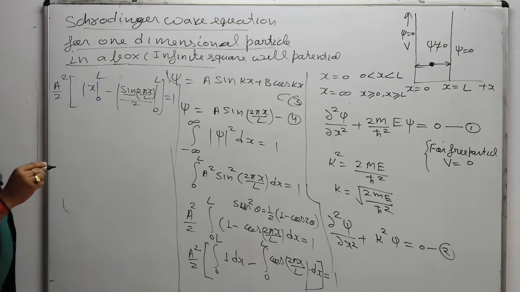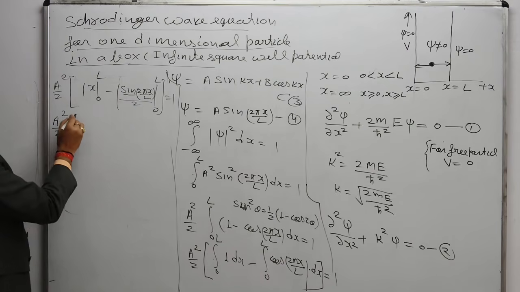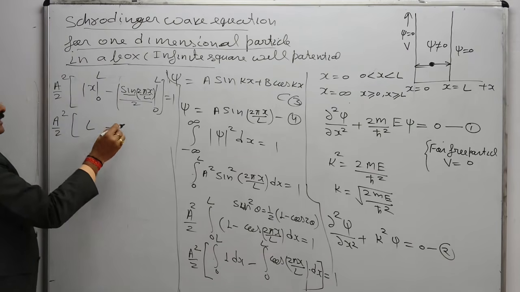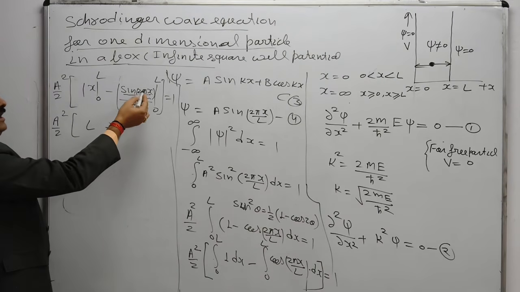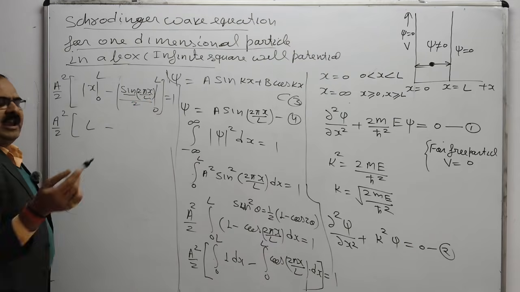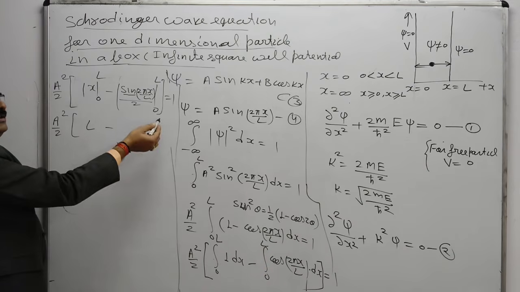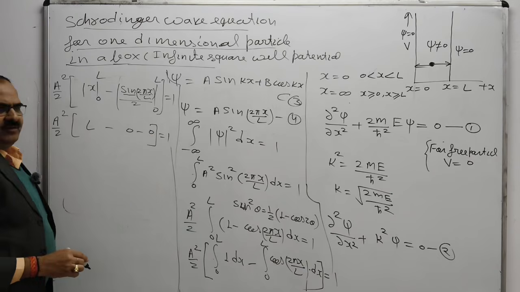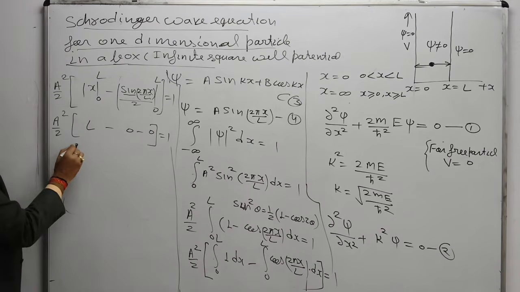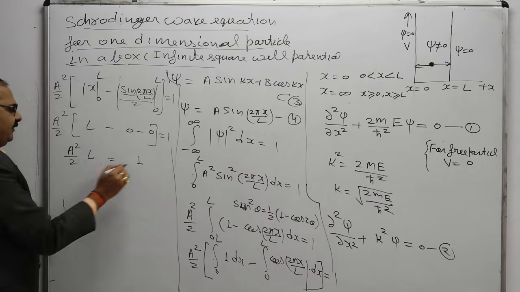Then we apply the upper and lower limits. The upper limit sin 2 pi has value 0 and sin 0 is also 0, so both limits give 0. Then A square upon 2 into L is equal to 1.